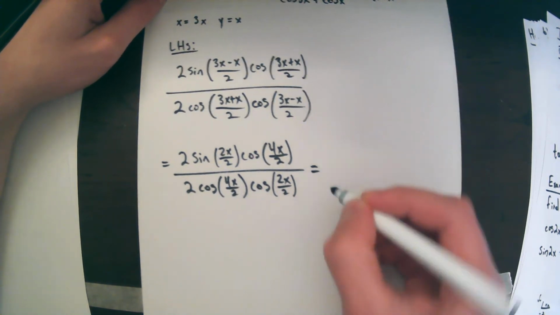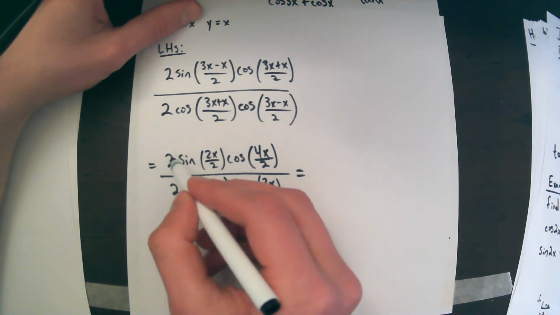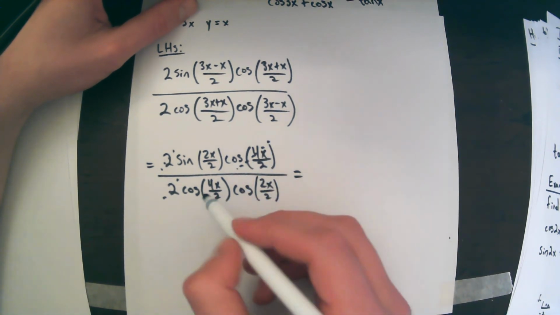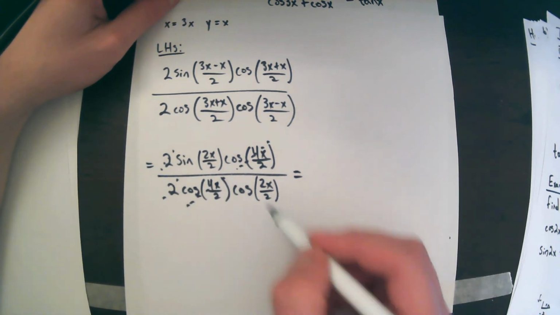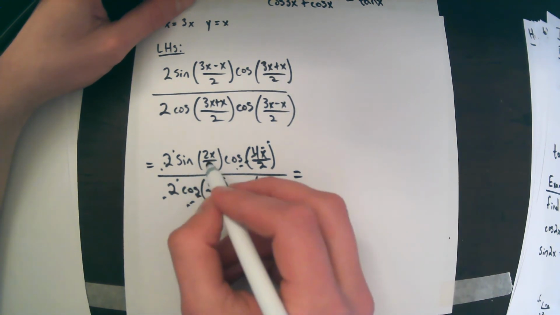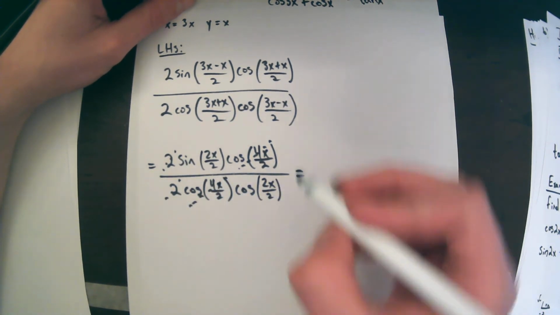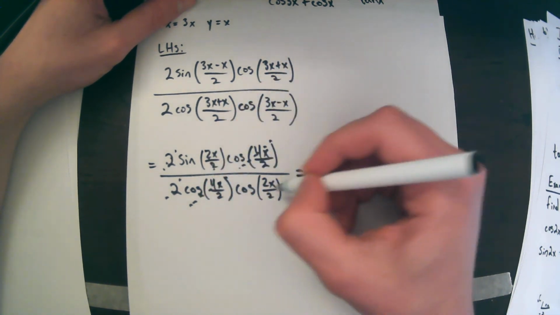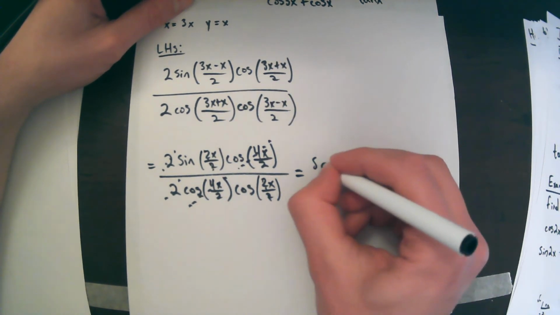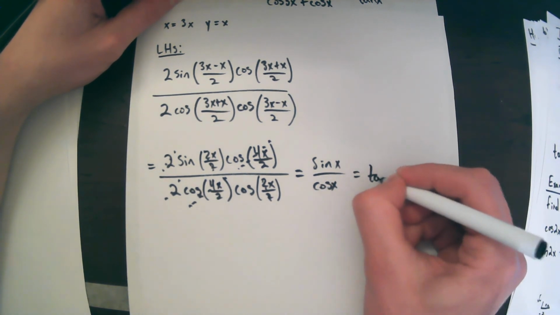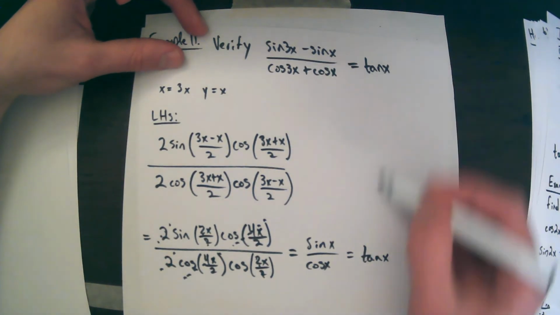Now the 2's will cancel, and the cosines of 4x over 2 will cancel, because they're exactly the same. I'm left with sine of 2x over 2 over cosine of 2x over 2, but those 2's inside will also cancel, so I'm just left with sine of x over cosine of x, which of course is tangent of x, which is what I wanted.